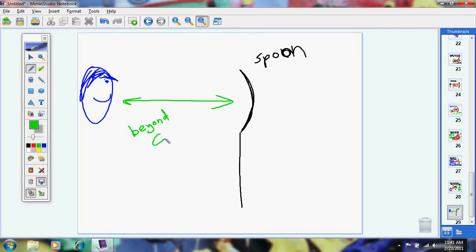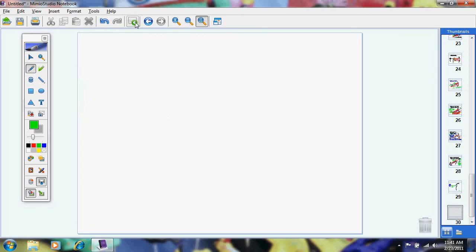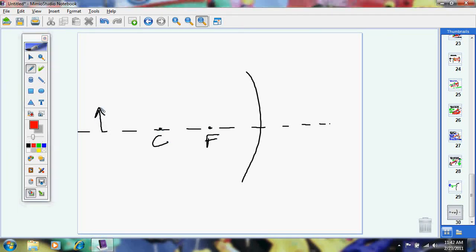if you're beyond C, the center of curvature, then really the case that you're looking at is this case here, a little blast from the past from earlier on. Here's the principal axis, and this is F, and this is the center of curvature. And if the object is out here, remember, what do you get?